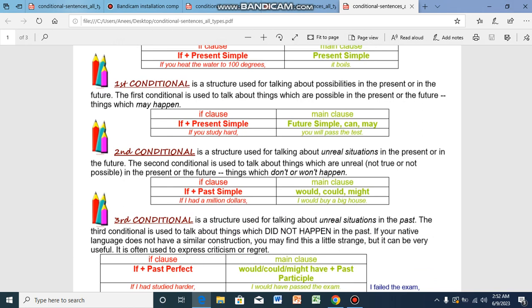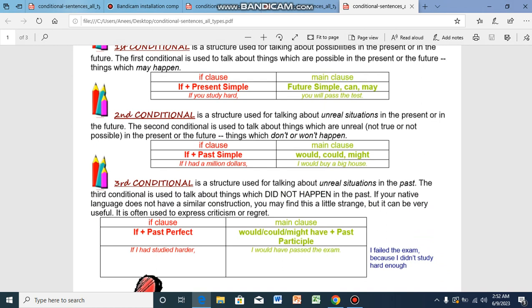The difference between the first conditional and the zero conditional is that in the if clause we use the present simple tense, and in the main clause we use the future simple tense, right? And it talks about possibilities in the present or in the future. If something is possible in the future, you go for the first conditional.